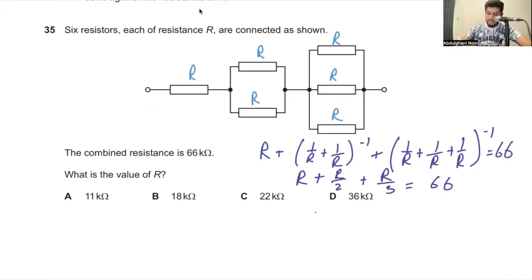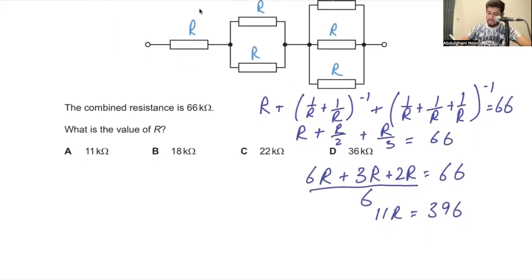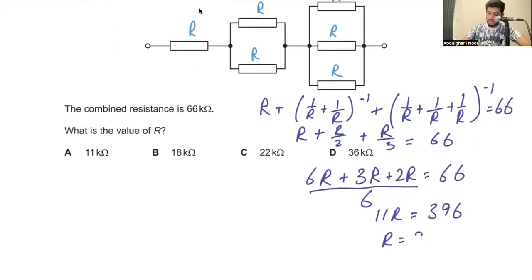You get 6R plus 3R plus 2R is equal to 66 times 6. 11R is equal to 396 and R is equal to 36 kilo ohms.